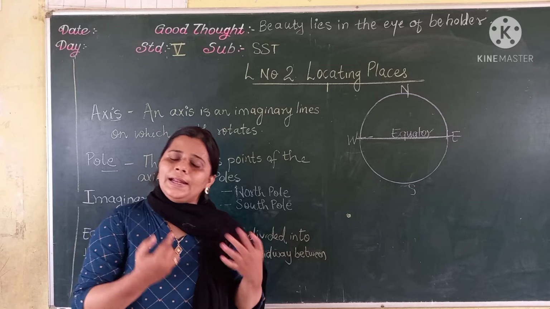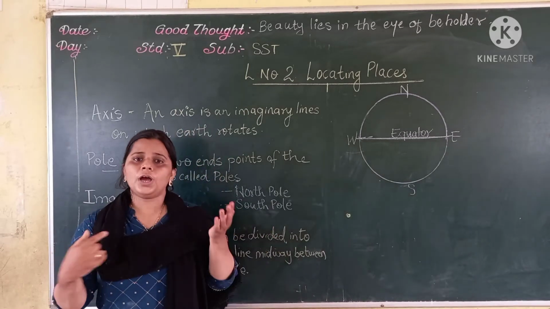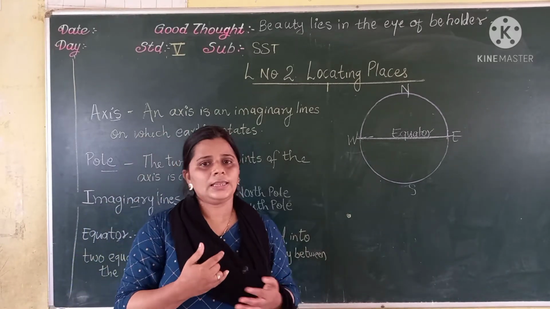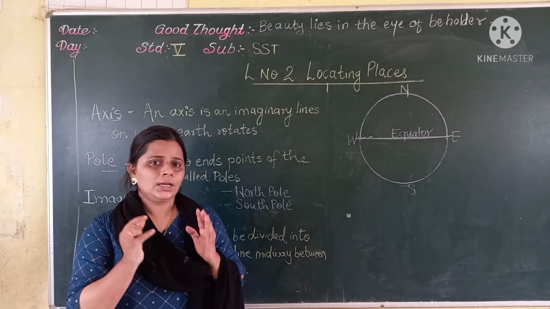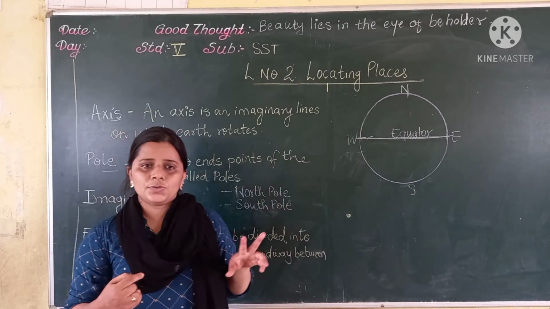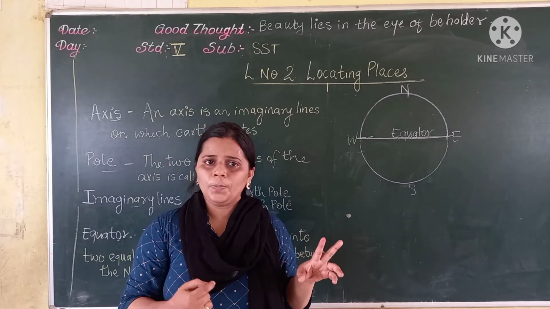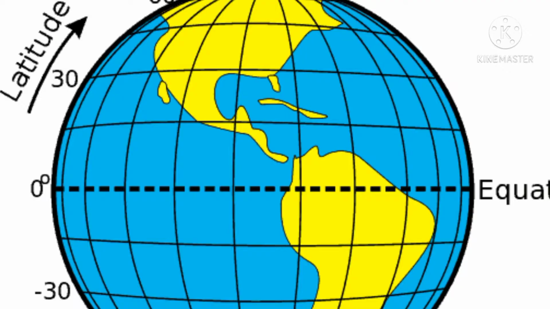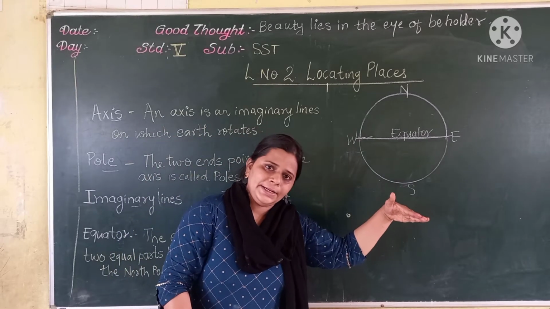Students, longitude and latitude, we are going to study in detail in the next video. But till here, I hope you have understood. There are 2 imaginary lines drawn on the globe, horizontally and vertically. So, horizontally, that is latitude.